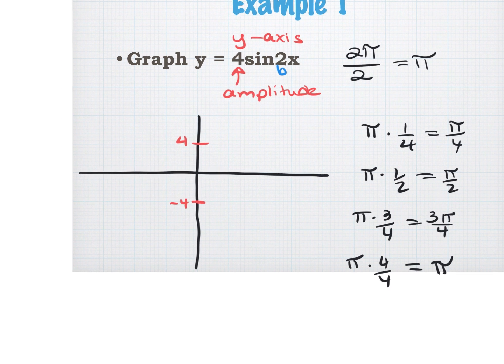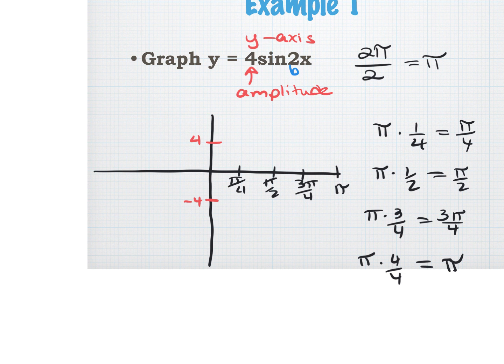So I could put pi over 4, pi over 2, 3 pi over 4, and then finally the pi. The left side of the y-axis has the exact same values, except they're negative. So this would be -pi over 4, -pi over 2, -3 pi over 4, and then -pi.